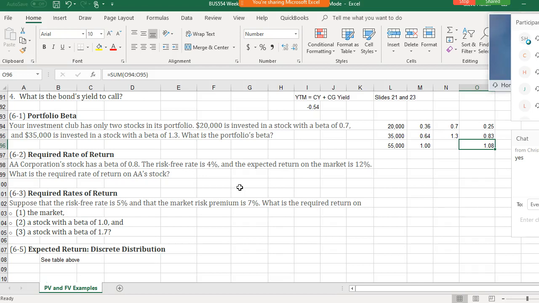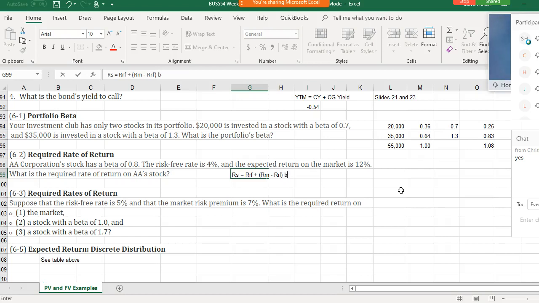So the CAPM, the Capital Asset Pricing Model, is this. We're computing the return, which is R, on a stock. So R sub S is the formula, and that equals R sub RF, RF meaning the risk-free rate, plus the difference between the return on the market, R sub M, minus R sub RF, the risk-free rate, multiplied by beta.